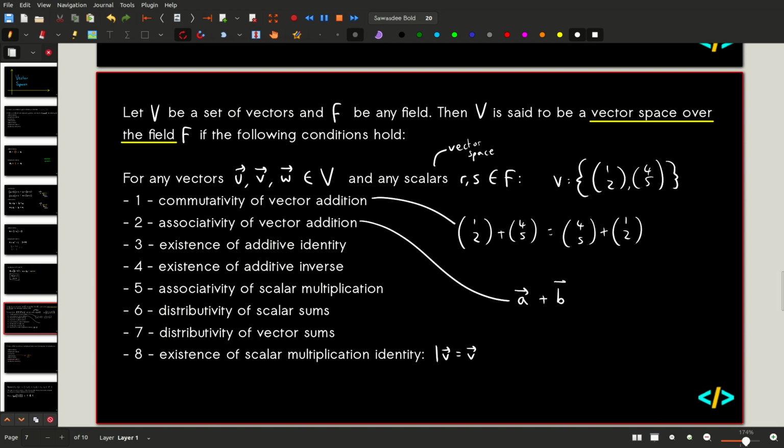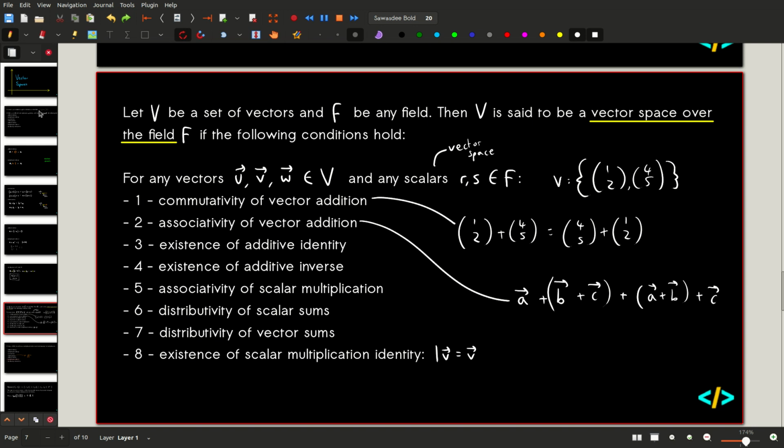All that means is if we do a plus b plus c, but we do b plus c first, it will have the same result as doing a plus b first and then plussing the c. So that's what associativity tells us. Additive identity is just that there exists a vector which results in the same vector.